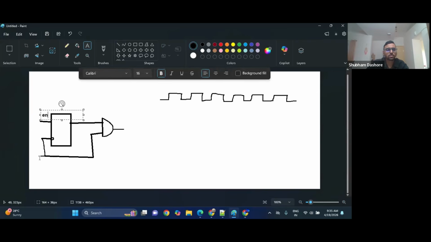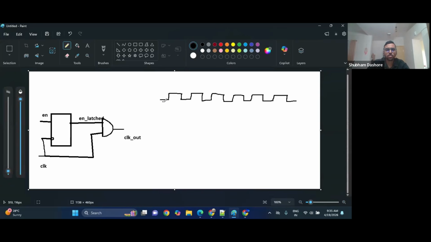This is enable. This is clock. Let's say enable is switched on here. Now this is enable and this is enable latched.